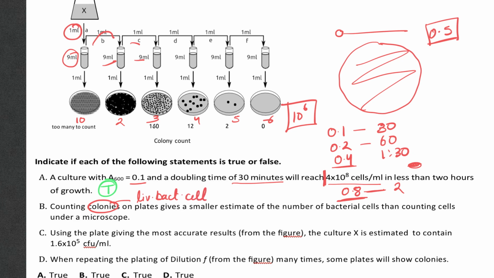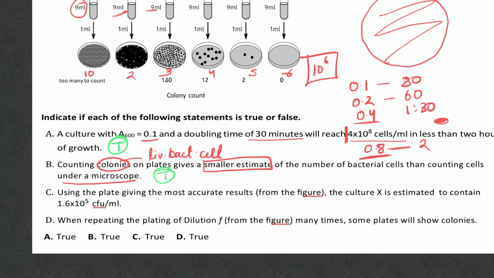Dead cells will not form colonies. But when you're counting the cells under a microscope, living or dead, you'll count them all. So counting colonies will of course be a smaller estimate. Okay, so this again goes true.